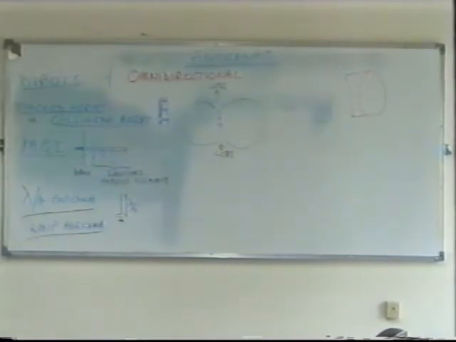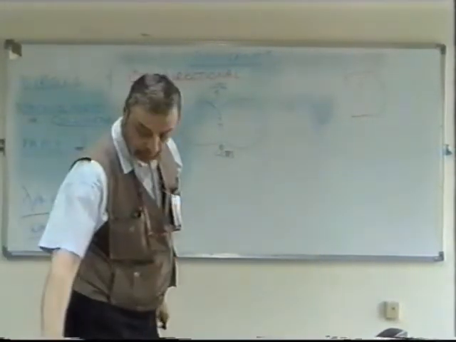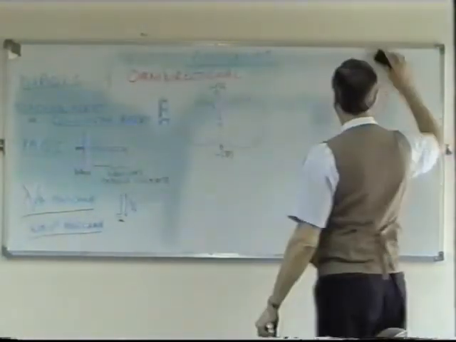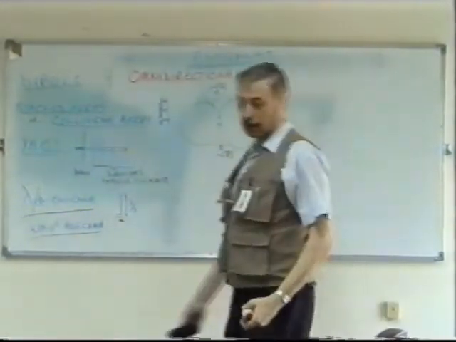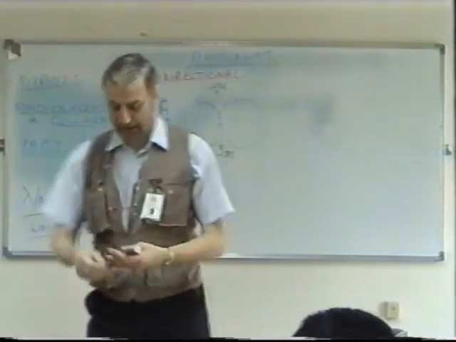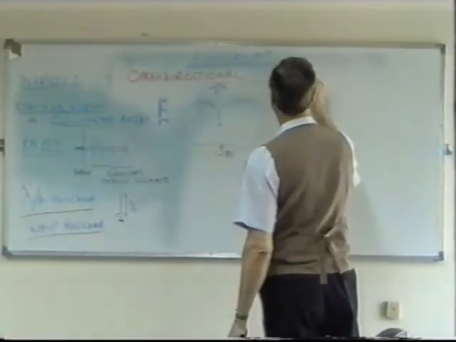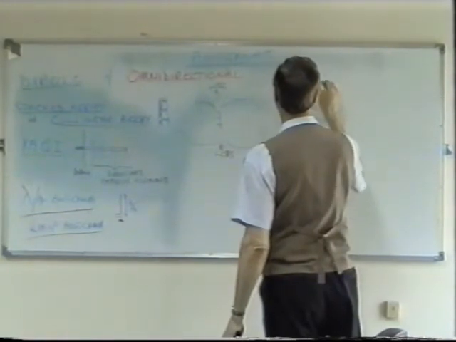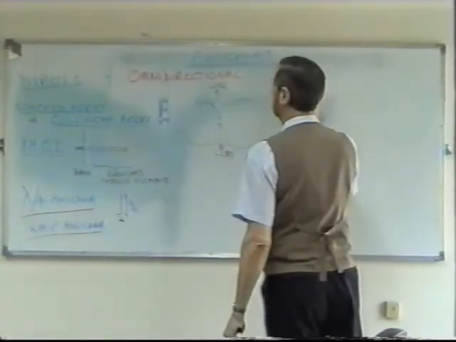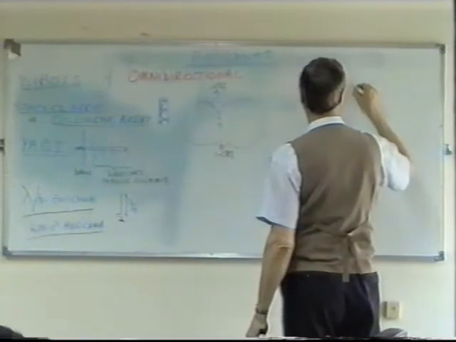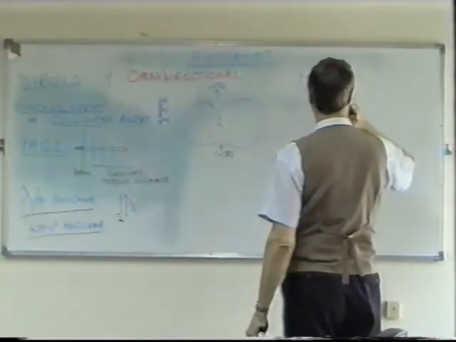Okay, and then finally, of course, the dish was the other antenna we talked about. There are various designs of dish, but essentially the dish antenna is something like this.